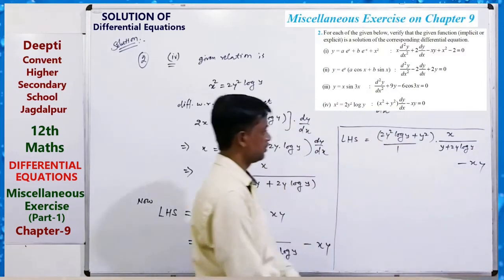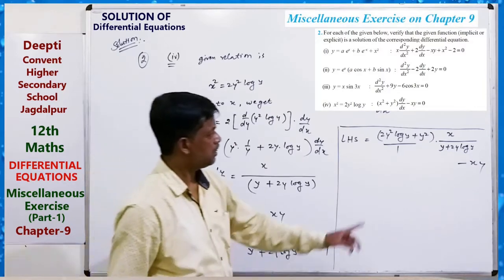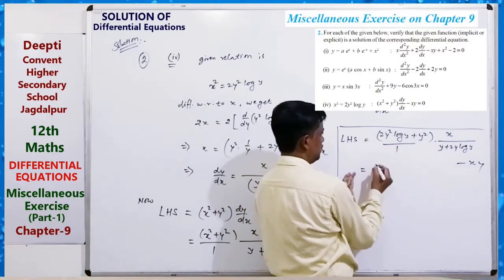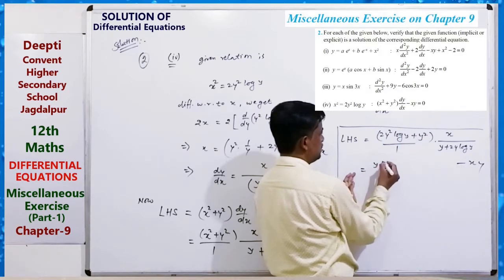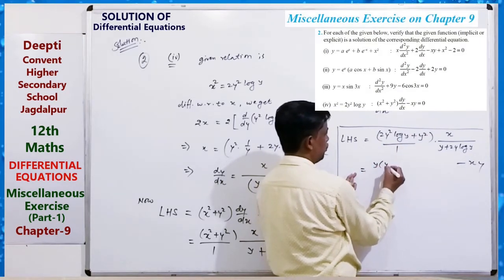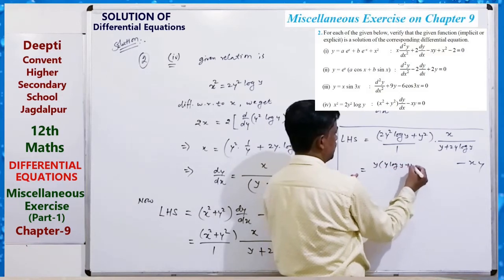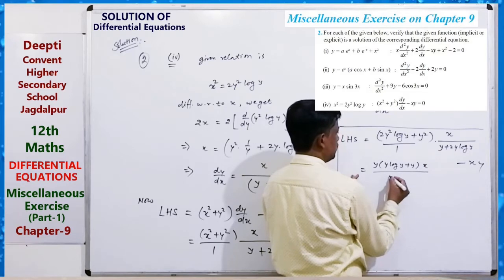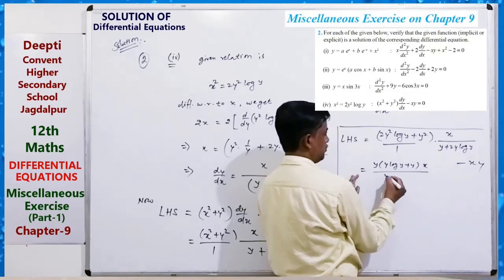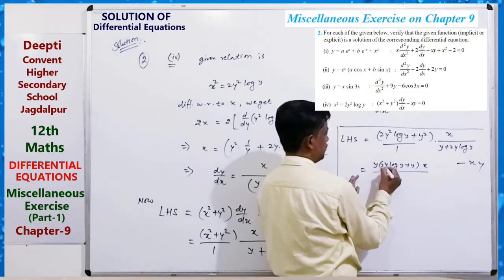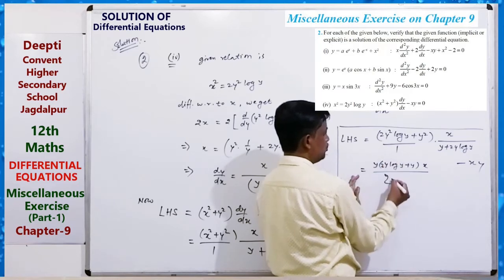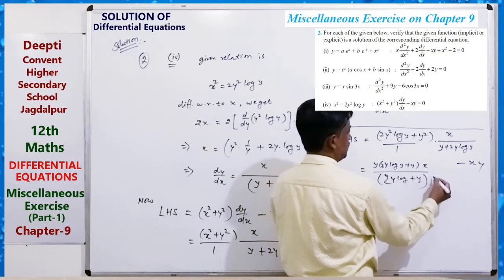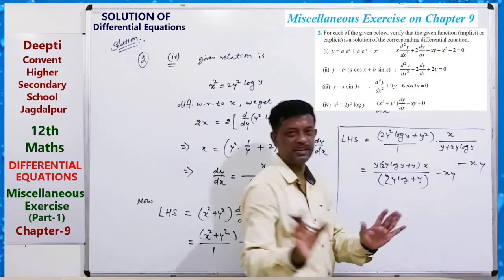This is clear. So from here, by taking y common, we see y log y plus y into x upon 2y log y plus y minus xy. Very simple.